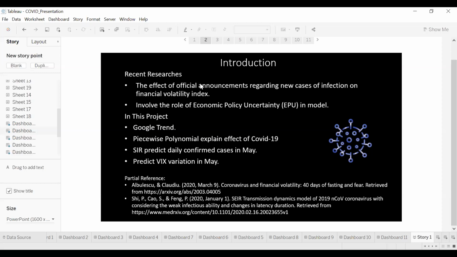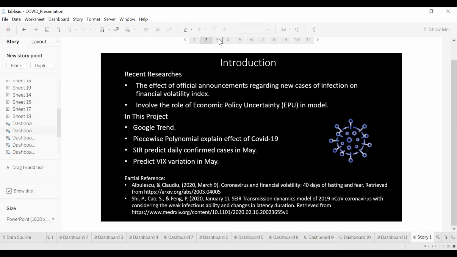So based on these researches, in this project, I will use a new index, which is Google Trends, to build models and to explain the effect of new cases of infection on the financial volatility index. So basically, I used a SIR model to predict US daily new confirmed cases in May, and used the predicted results to forecast the variation of VIX.